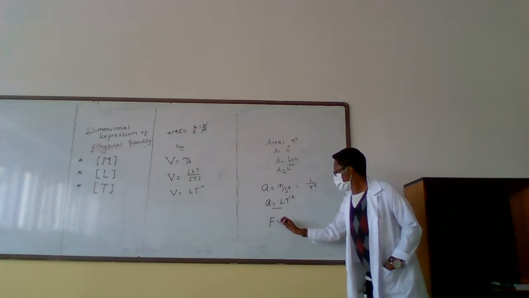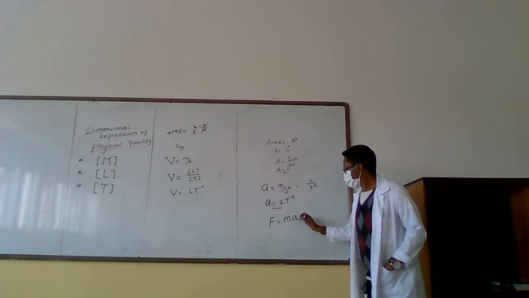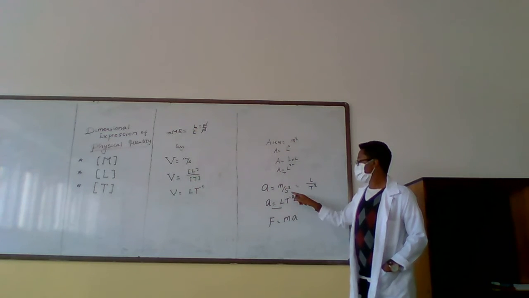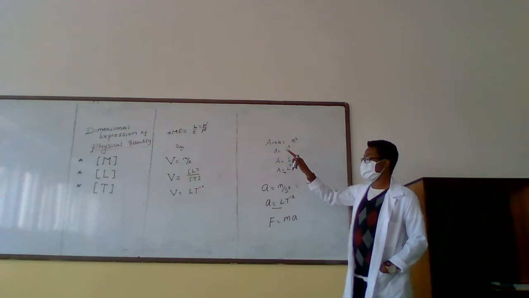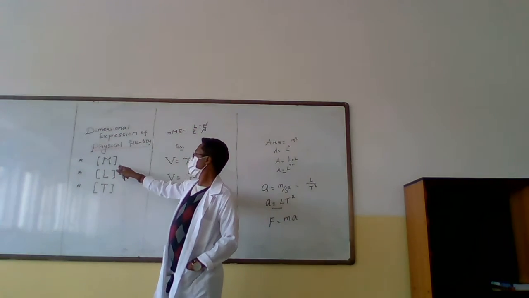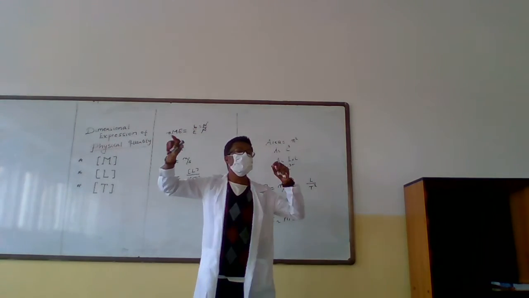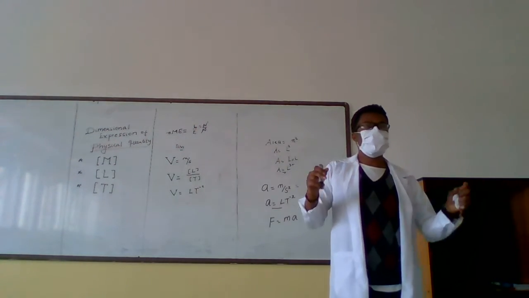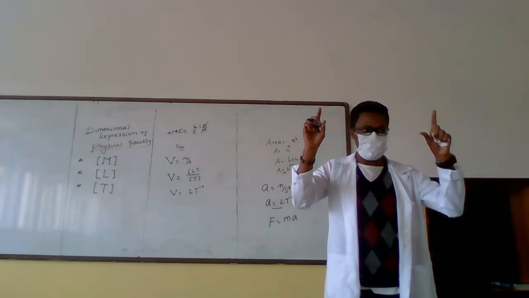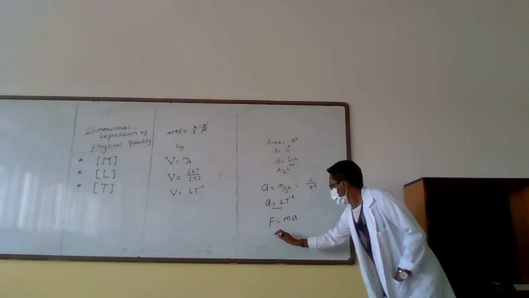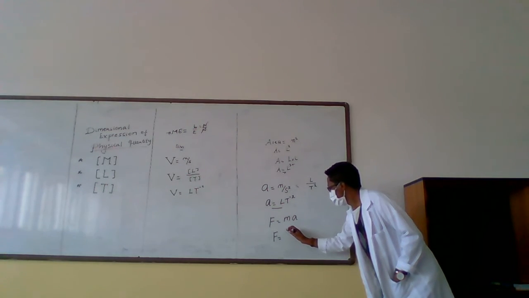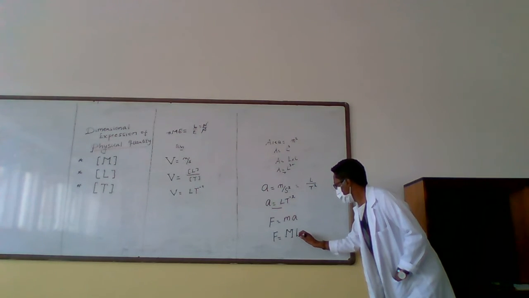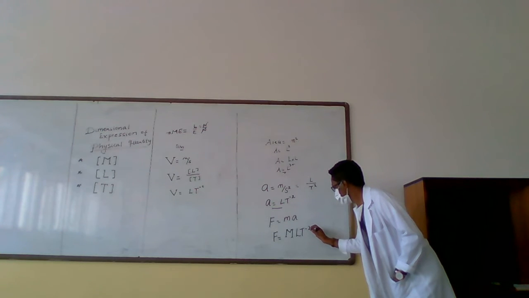Force is equal to mass times acceleration. We know the dimension of acceleration, and the dimension of mass is already given to be capital M. Any unit of mass can be expressed using capital M. So the dimension of force will be the dimension of mass, M, times acceleration, L T minus 2.